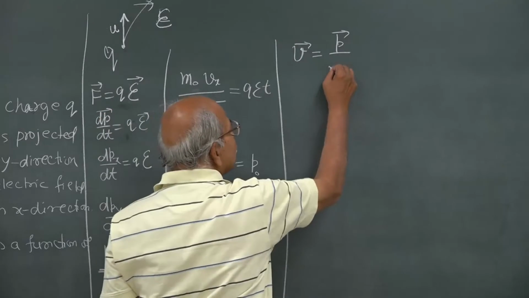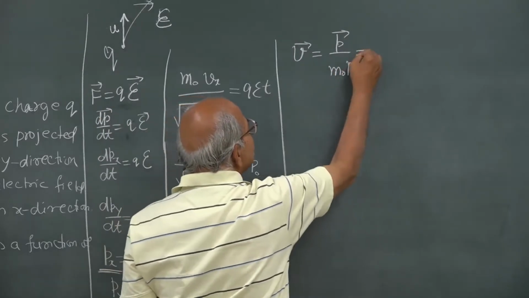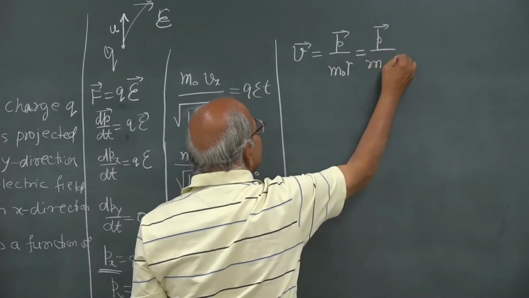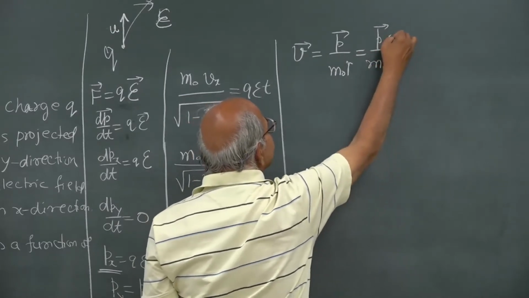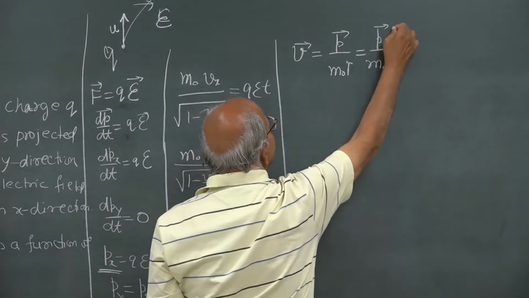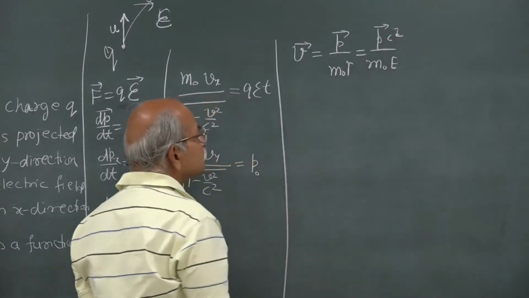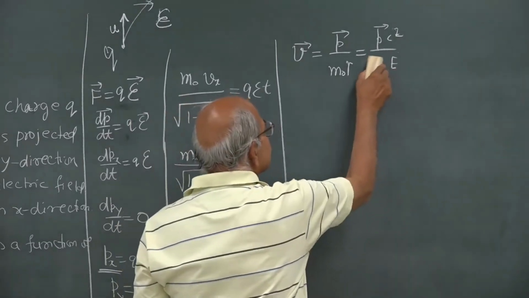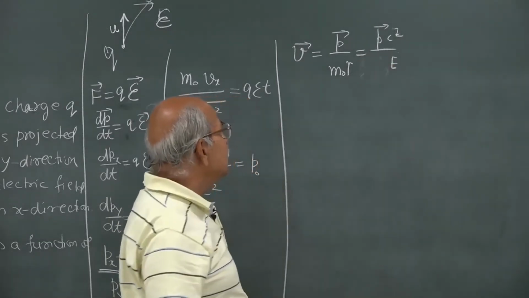So, this is m naught gamma, and for gamma you can write E by c square.